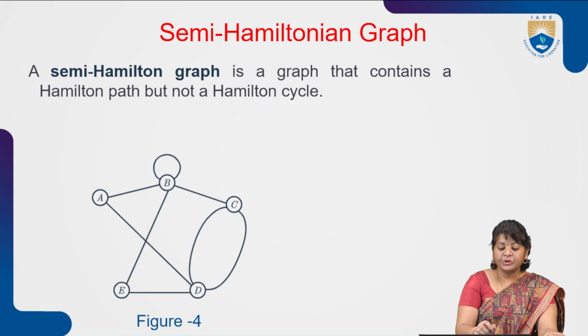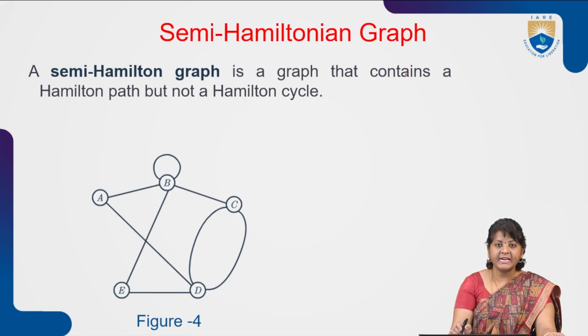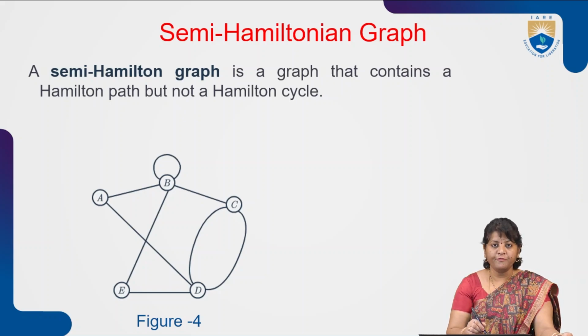So let me check the possibility of finding out the Hamiltonian path. It means we need to start at any vertex, and we will end at another vertex.